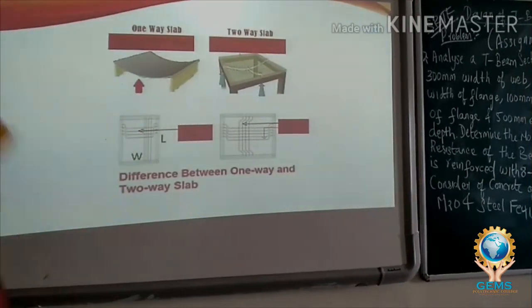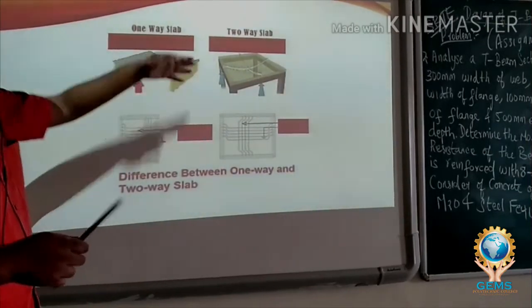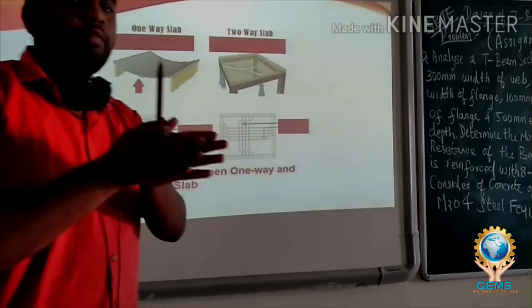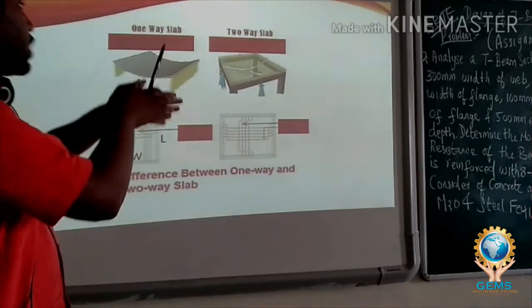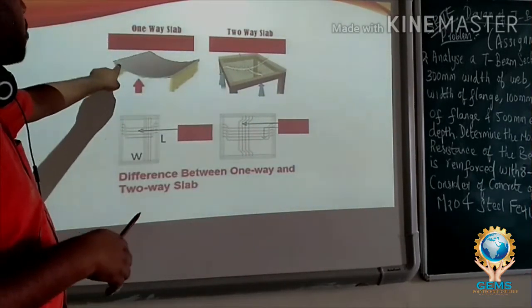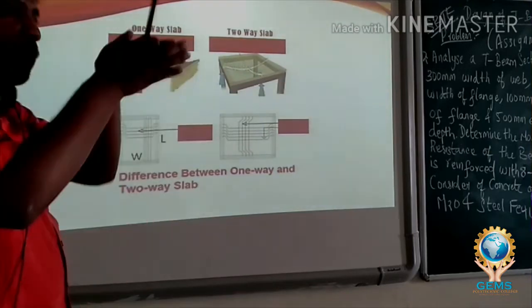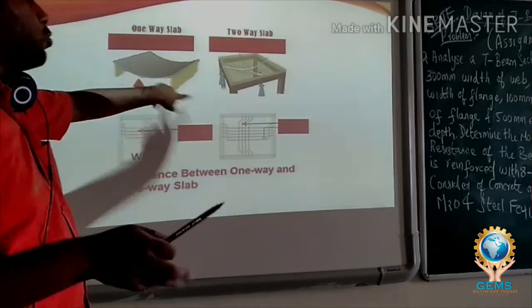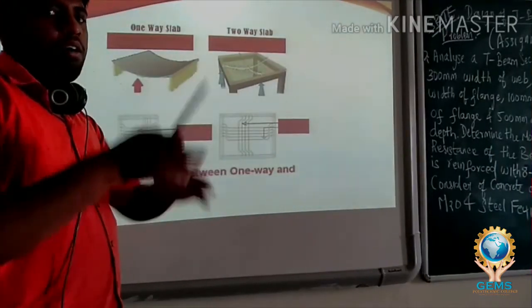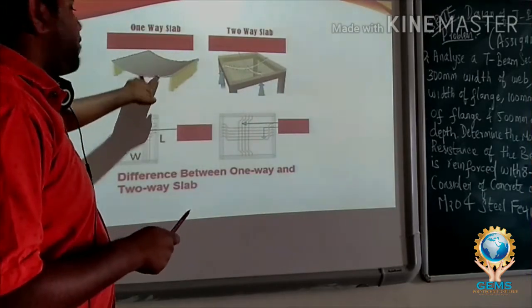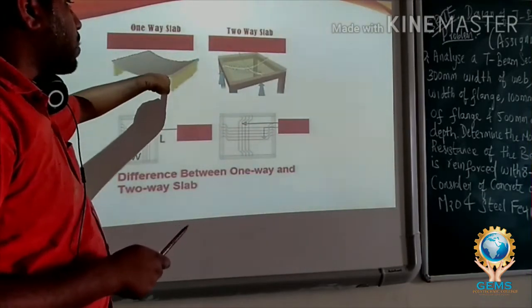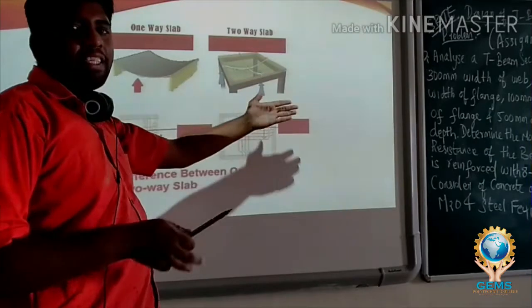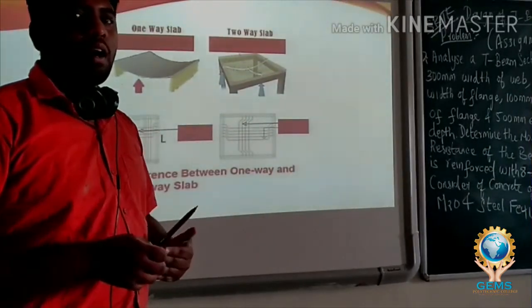So difference, see, as I already told, due to the load which is acting in only one direction, the bending moment will act in only one direction along the two supports. It will be in a concave manner. In two-way, on both sides the load is distributed.